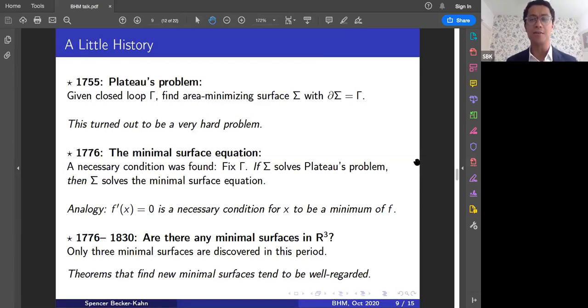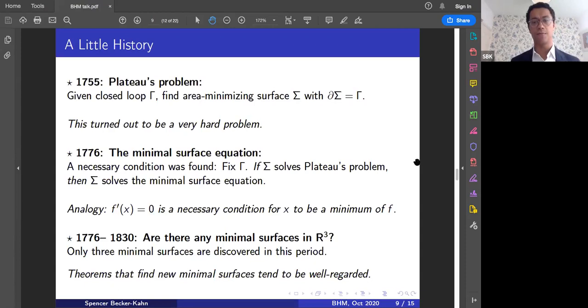It was always seen as quite difficult to do and quite interesting when you did it. Okay, so the three that were discovered are the three classical minimal surfaces, and I'll tell you what the other two that aren't just the completely flat plane are, and I'll also give you slightly more explanation as to what this minimal surface equation is really saying.